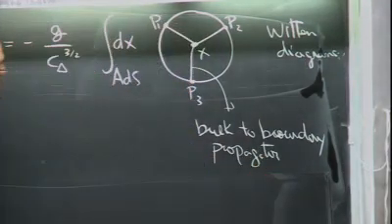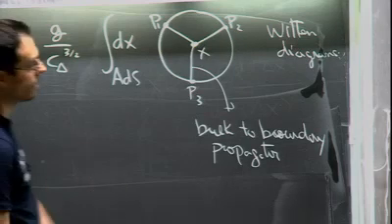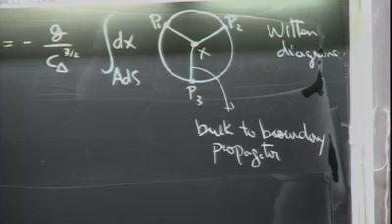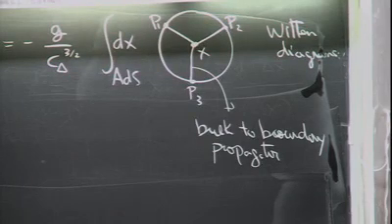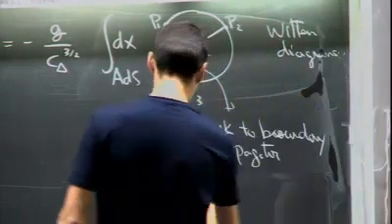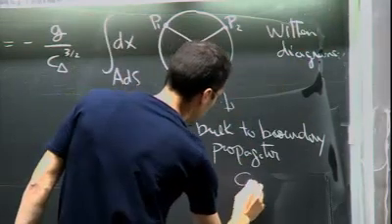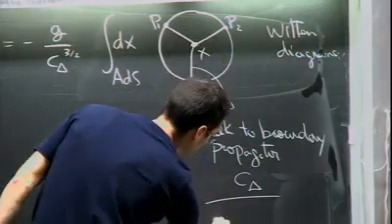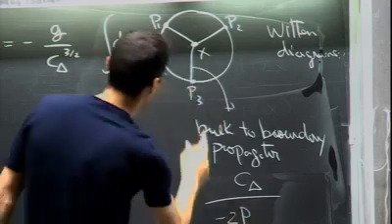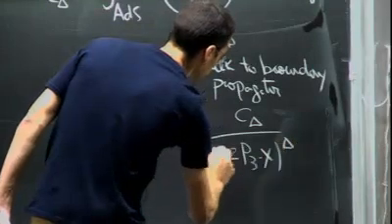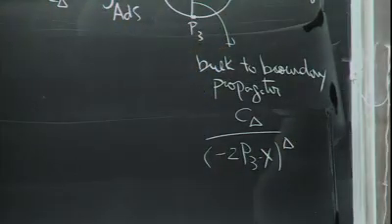This bulk to boundary propagator is just the limit of the bulk to bulk propagator, this propagator that we already studied, when one of the points goes to the boundary. Okay, there's nothing more than that. If you take the limit, you just get C delta over (-2 P3 dot X) to the delta, for example. Okay, so that's your bulk to boundary propagator.